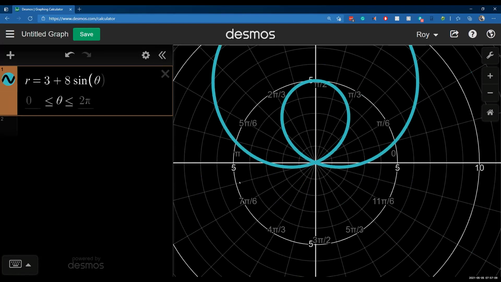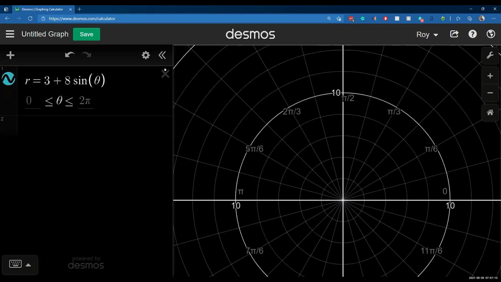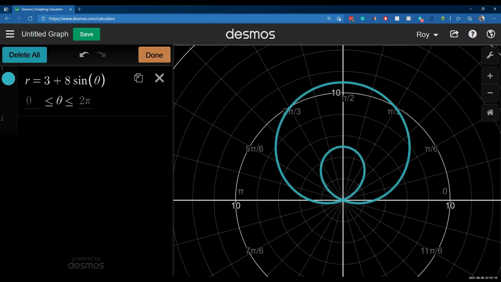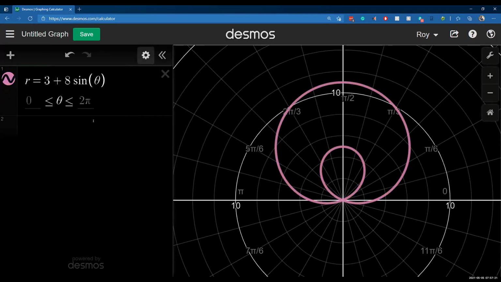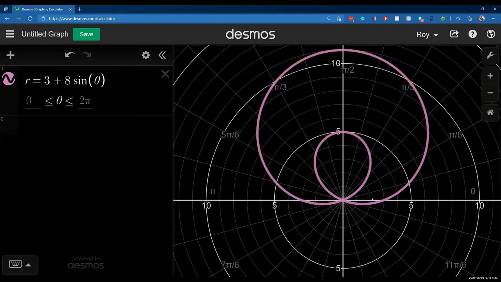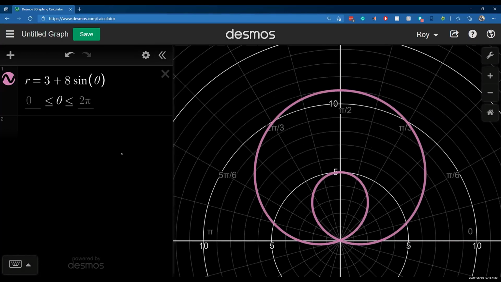And you can see that actually does match. I'll change this to purple. All right, so there's our polar curve. Notice it does bow out. It looks close to what we graphed. I often don't have mine bow out that far.